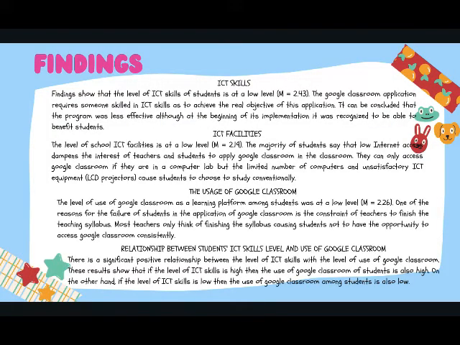Okay, now let us look at the findings. Number 1 is ICT skills, to answer the first objective. Findings show that the level of ICT skill of students is at a low level, M equivalent to 2.43.